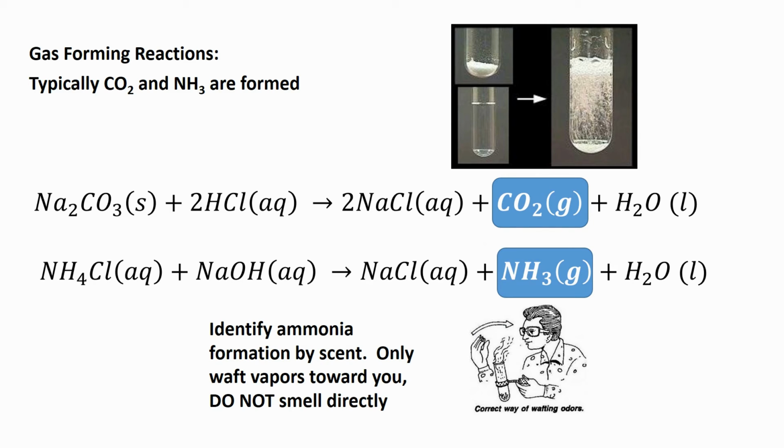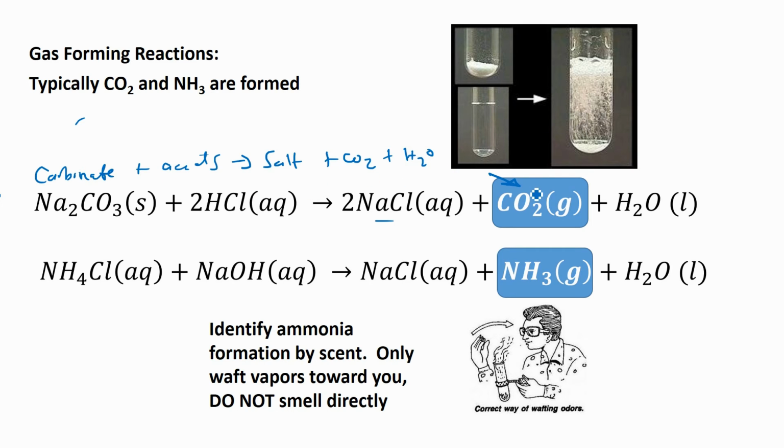Sometimes you get gases being formed. In fact, I will let you know that if you want to detect the presence of a carbonate, just react it with an acid, you'll always get CO2 evolved. Of course, you'll get the salt and water. So when carbonates react with acids, you get a salt, CO2, and H2O, and then you have to balance it.